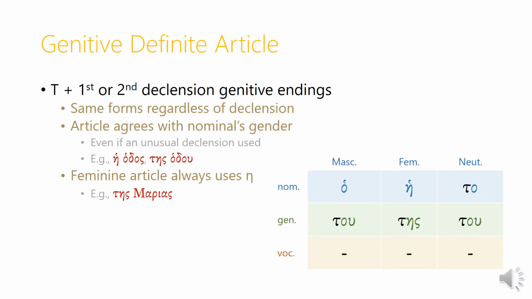So even though Marias uses alpha, the definite article uses the eta, tes Marias. The forms then of the genitive definite article are tu, tes, and tu. And again, we see in the masculine and neuter genitive the same ending, u, with the feminine having that sigma ending, tes.